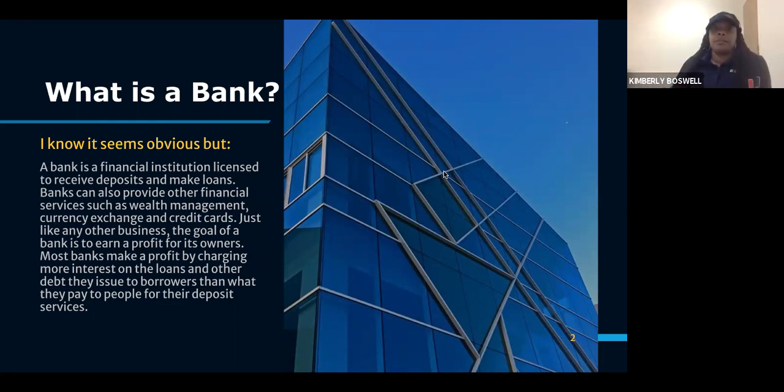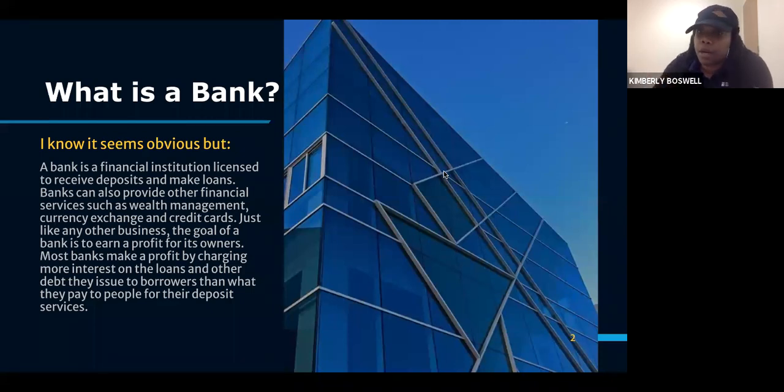So the entire system is cyclical. Banks just act as an intermediary for financial transactions between borrowers and lenders. And if you have an account, you are automatically a lender in that cycle of the banking chain.